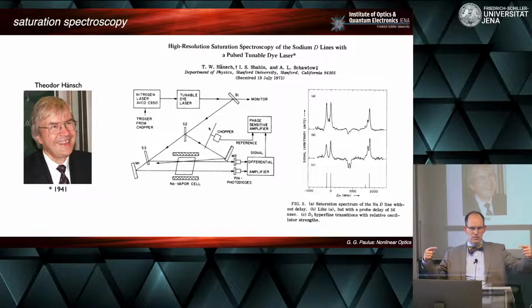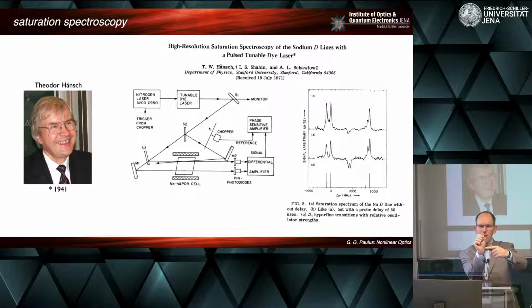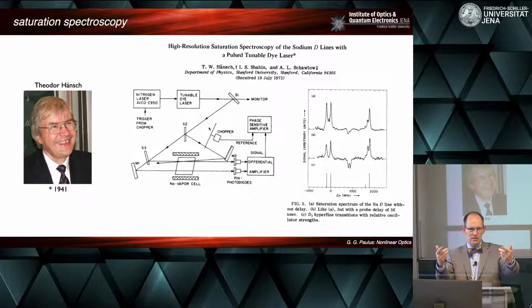Yeah? So you have two counter-propagating beams, and now if you have a molecule that moves in this direction, then for this beam it is red-shifted, and for the other, it's blue-shifted. Yeah, so both beams don't speak to the same class of atoms, although both have the same frequency. Right?